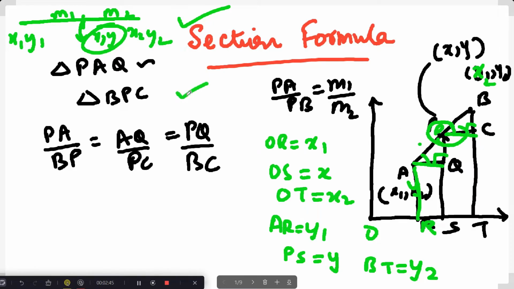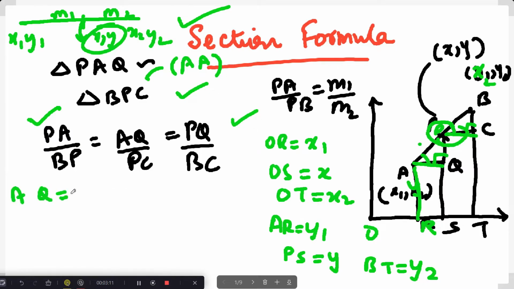If triangle PAQ and BPC are similar, then sides become proportional. This is by the AA similarity criterion, right? Because AR is parallel to PS is parallel to BT. So this is what comes by the side proportionality.